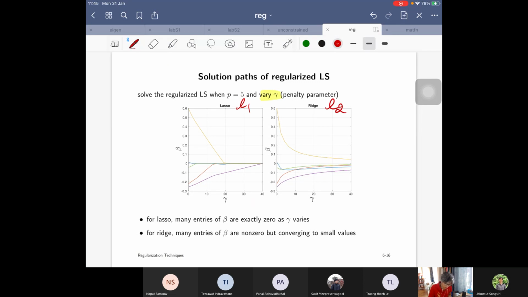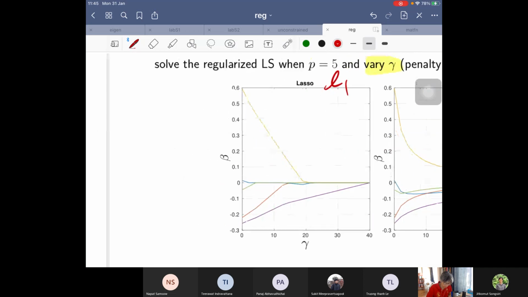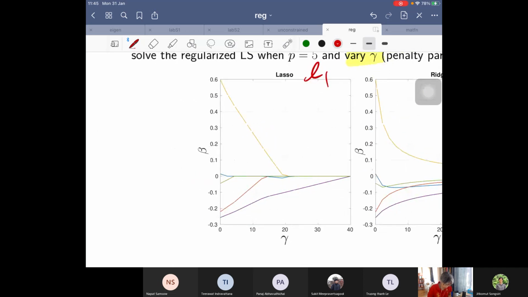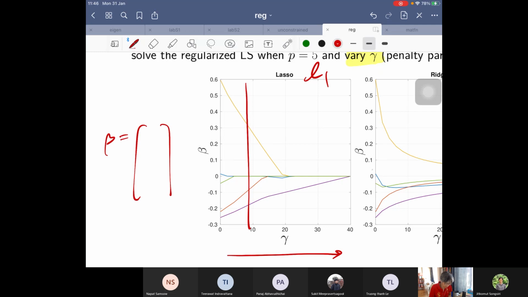Now I solve with beta in R^p, which in this problem is p equal 5, so beta has 5 entries. We solve the Lasso for many values of gamma. For a fixed gamma, your beta is, for example, 2, 5, 4, 0, 1. I have 5 entries.